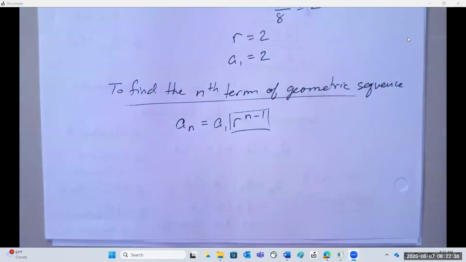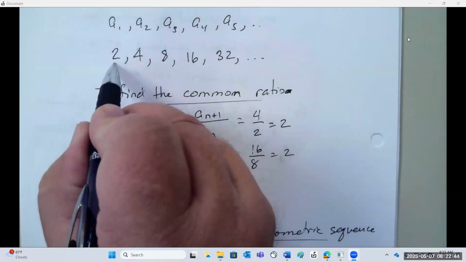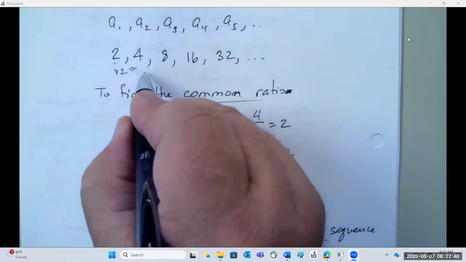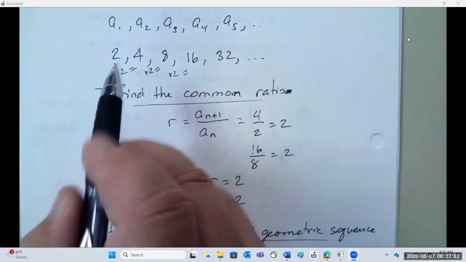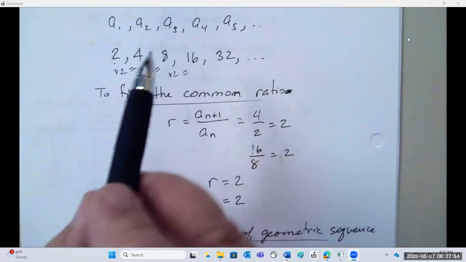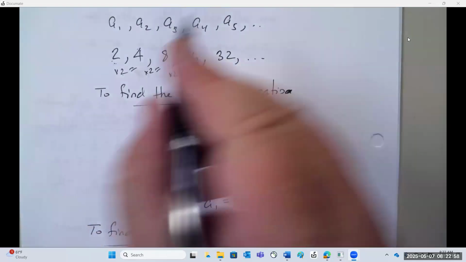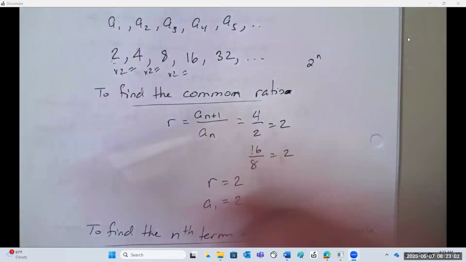Well, it has to do with going down the line. Since the ratio is the same in each one of these, from this one times 2 equals that. This one times 2 equals that, times 2 equals that. So each number I go further down is 2 times 2 times 2 times 2. So that becomes 2 to the power n, or n minus 1.